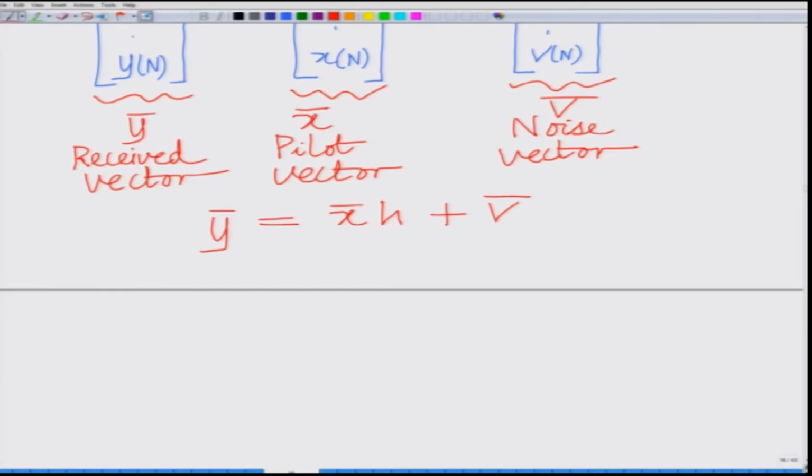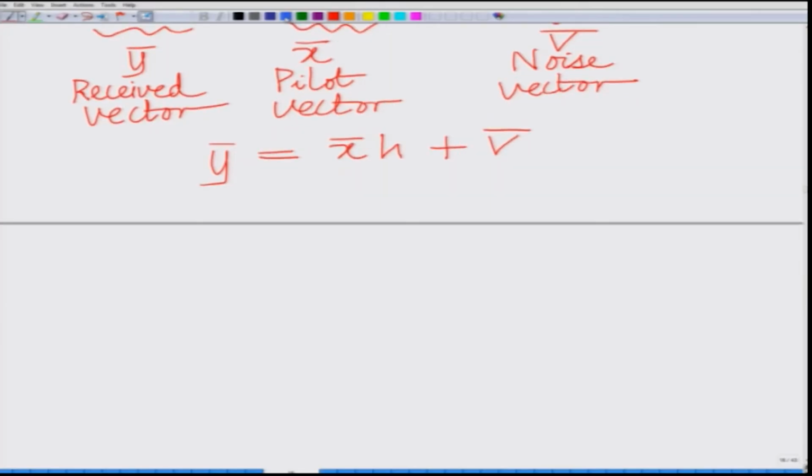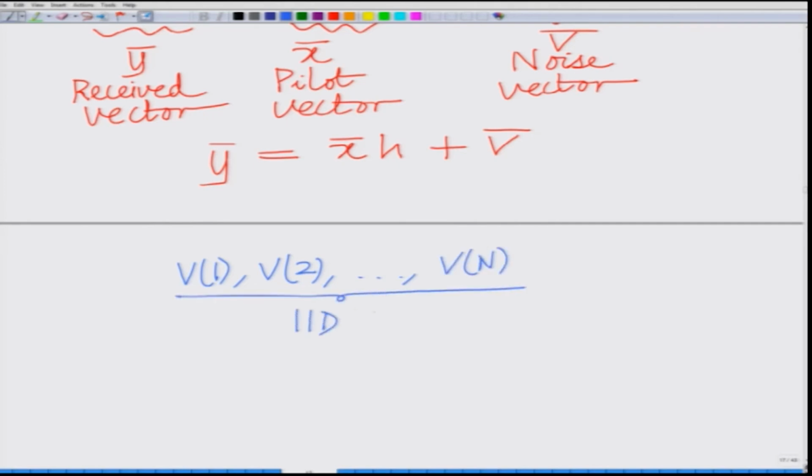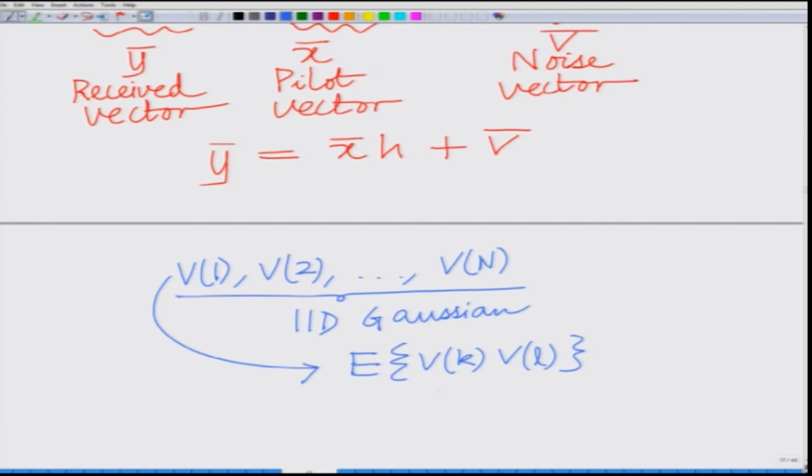Independent means that the expected value of Vk times Vl, for two different noise samples, is equal to 0.